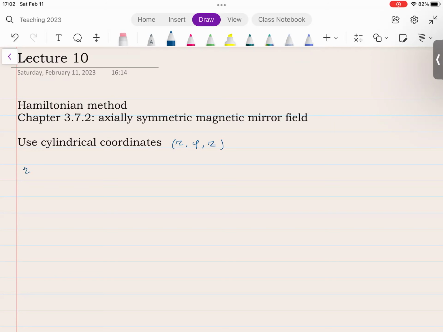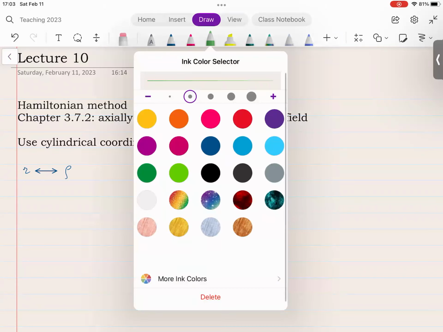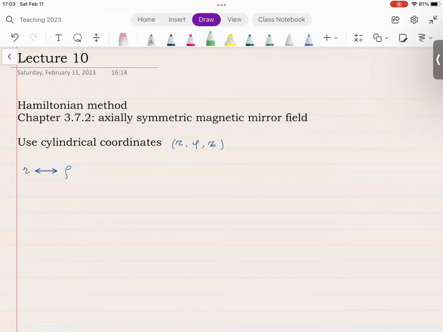And if you look at the textbook, you'll see that I've replaced the textbook variable rho, that's the lowercase Greek letter rho, sorry about that, with the Latin letter r.